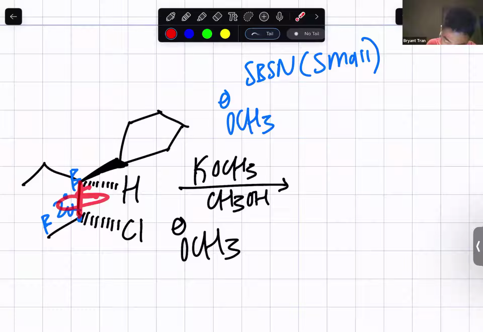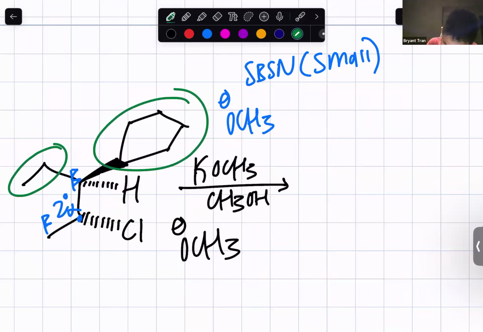We're going to rotate those groups right there. I'm going to keep everything here the same, and then I'm going to rotate this ethyl group, this cyclopentyl group, and this hydrogen around. What direction are we going to rotate it? In one step, you could rotate in either direction and get the same thing. But if I want to do it in one turn, do I want to rotate it clockwise or counterclockwise?